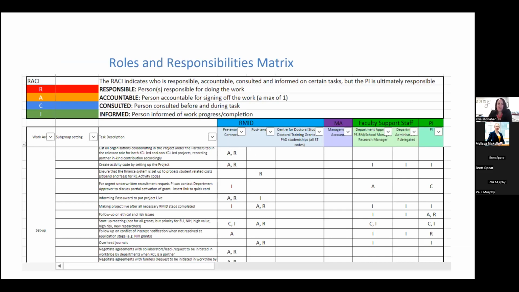What I'm showing you on the screen is one example. There are many, and we can probably create something where people can ask me for any examples that I show you in the rest of the presentation. I can provide you. One thing that I did at my institution when I came in right at the beginning, and as we were developing pre and post award, was to develop a roles and responsibilities matrix.